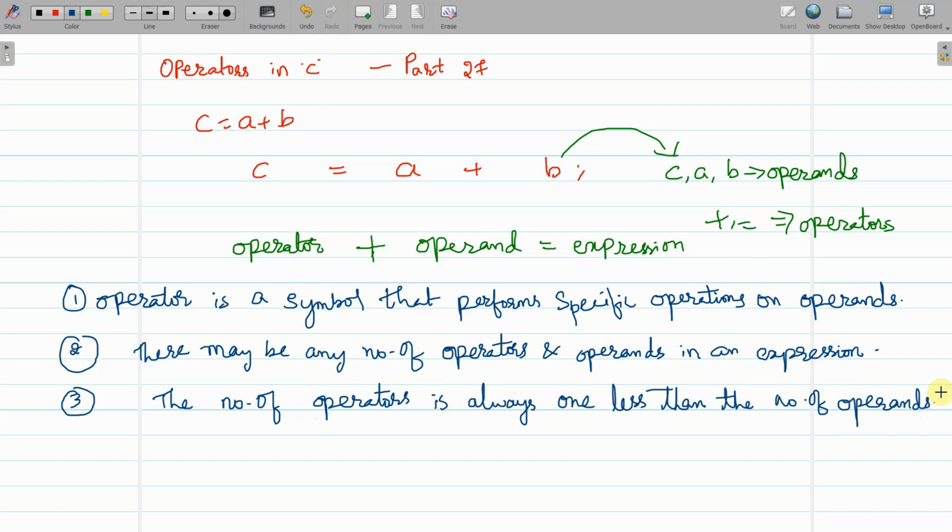Based upon these three things, you should be able to understand how the operators work in C language. Now once you have understood the definition of operator and the points to be remembered while dealing with operators, we will talk about the types of operators and end the class today.